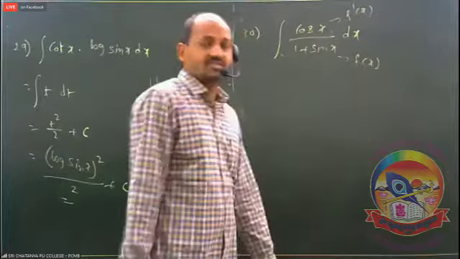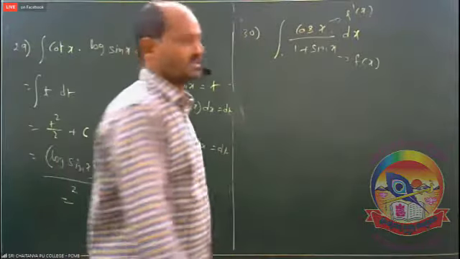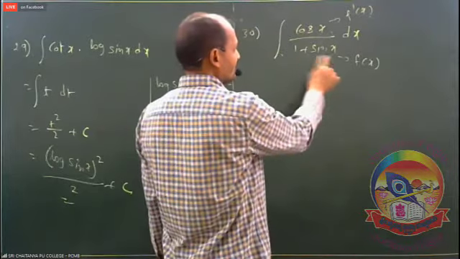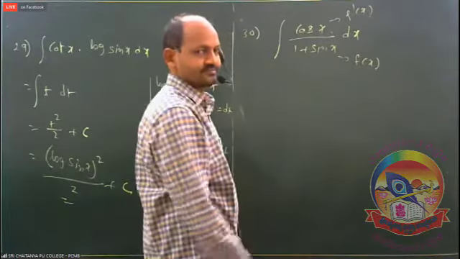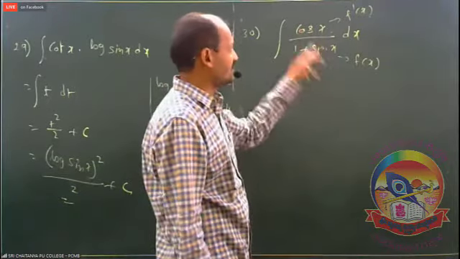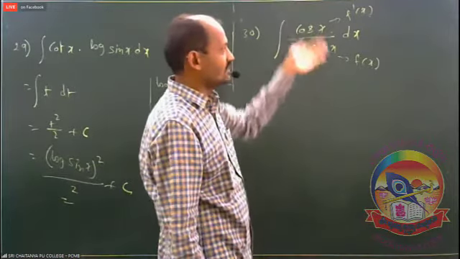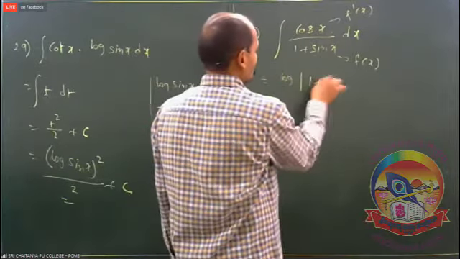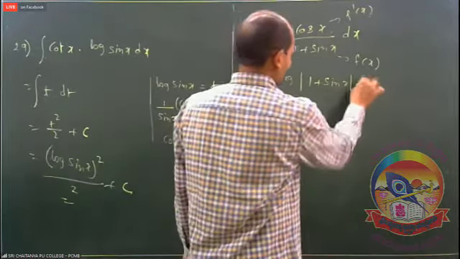The previous one was cos x divided by root of 1 plus sin x; this is cos x by 1 plus sin x. Clearly f dash of x by f of x, it is log f of x: log mod 1 plus sin x plus c.